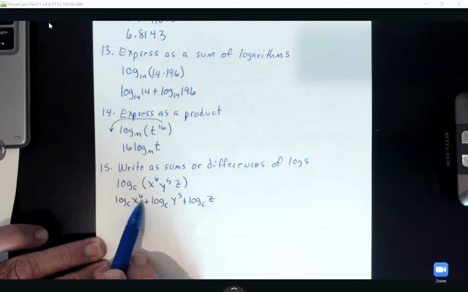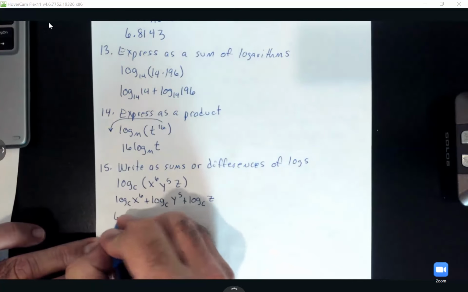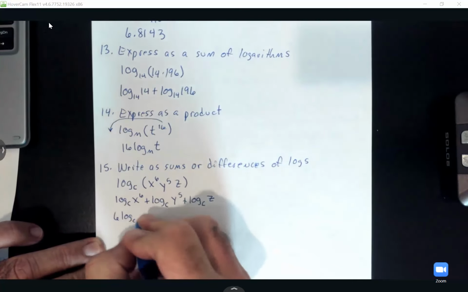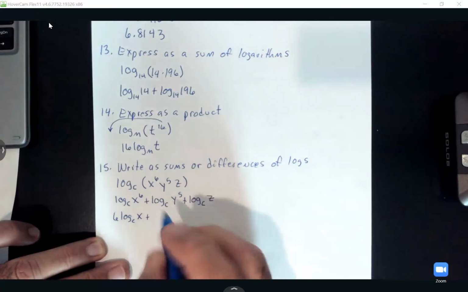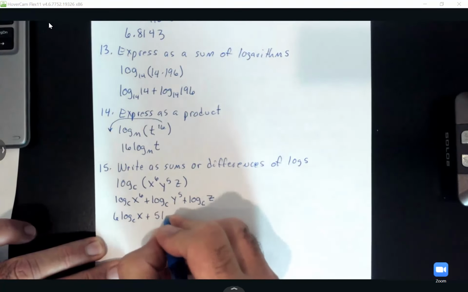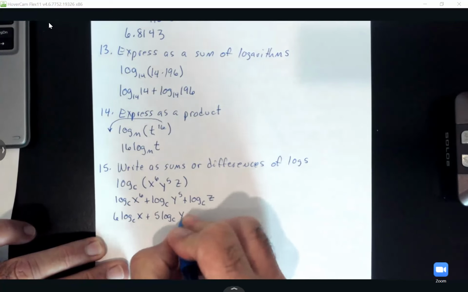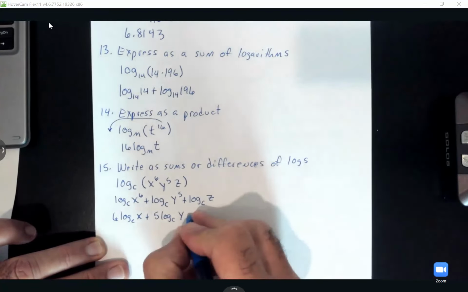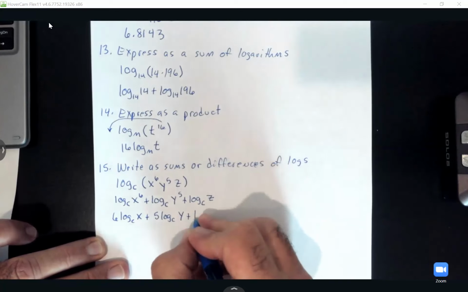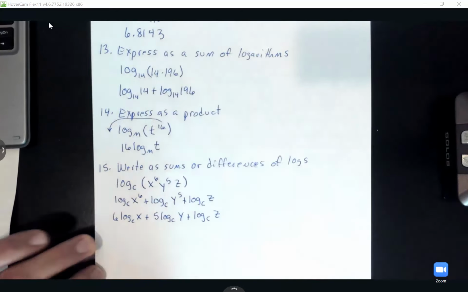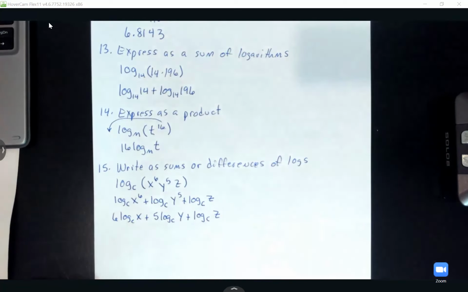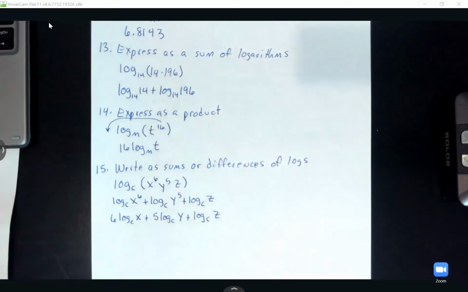So this one gives me a 6 times the log C of x, plus, bringing the 5 down, a 5 log C of y. And then no exponent here, so that's going to stay a log C of z. Just remember, you have to bring the exponents down to have the final answer.